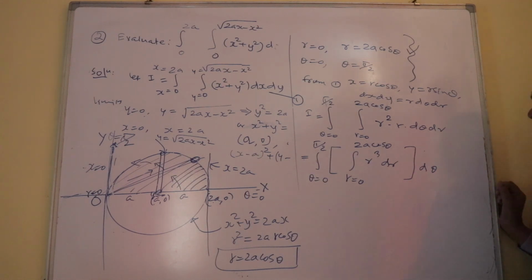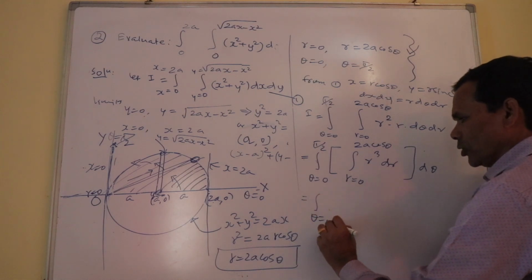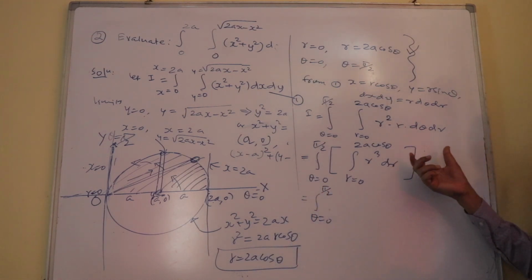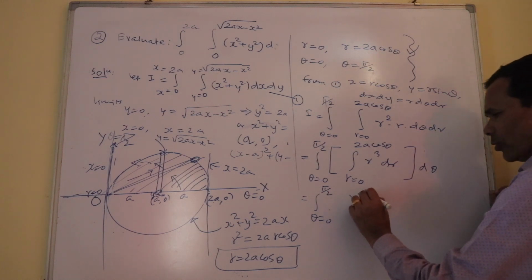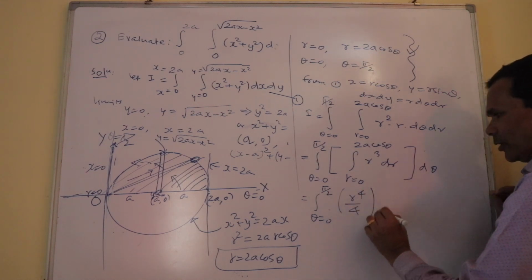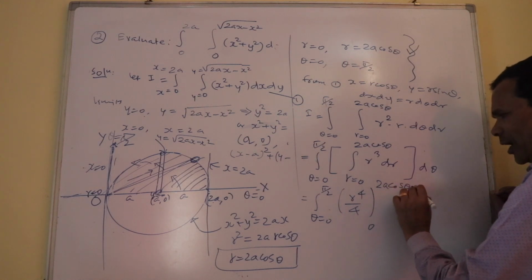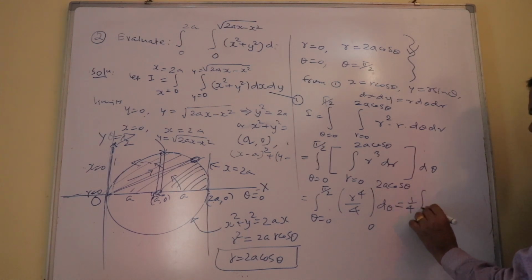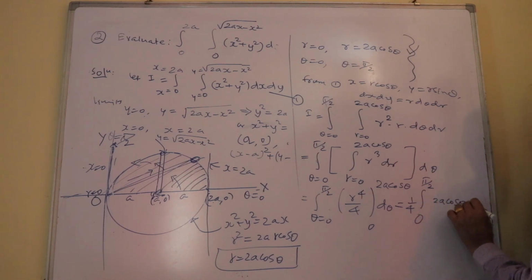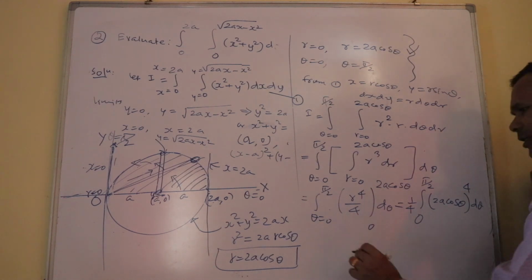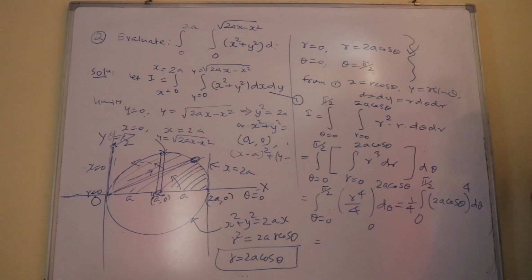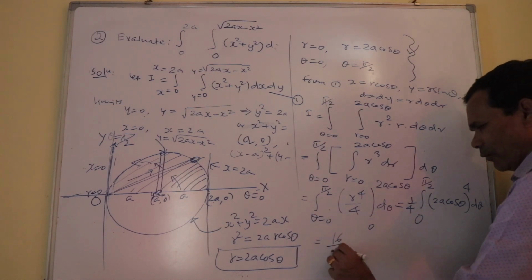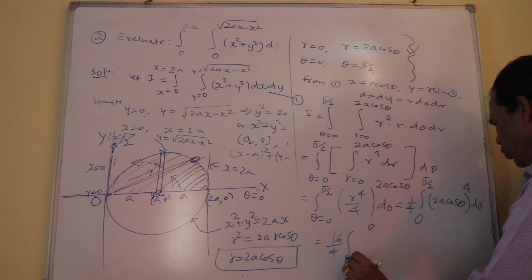Integration of this gives r raised to 4 divided by 4, with limits 0 to 2 times a cos theta, d theta. So this is equal to 1 by 4, which I take outside, theta 0 to pi by 2, and 2 times a cos theta bracket raised to 4; the lower limit's value is 0, so it need not be considered. This is 2 raised to 4, which is 16, upon 4.